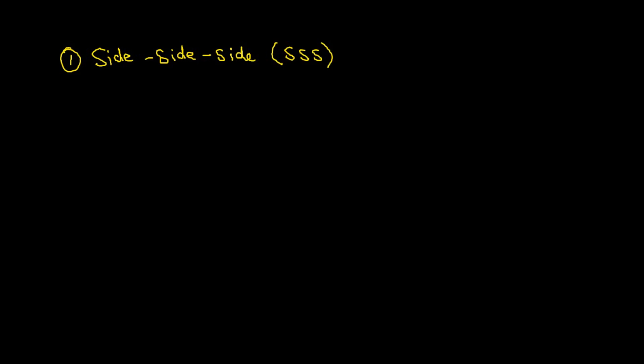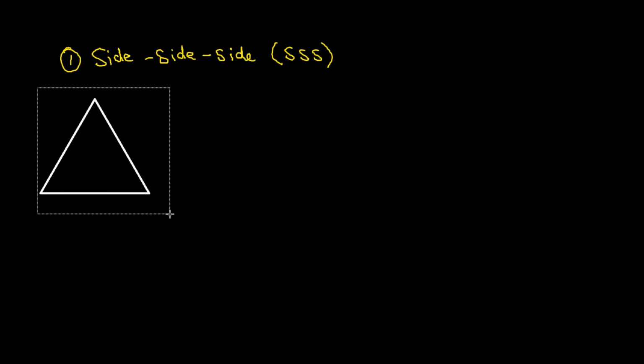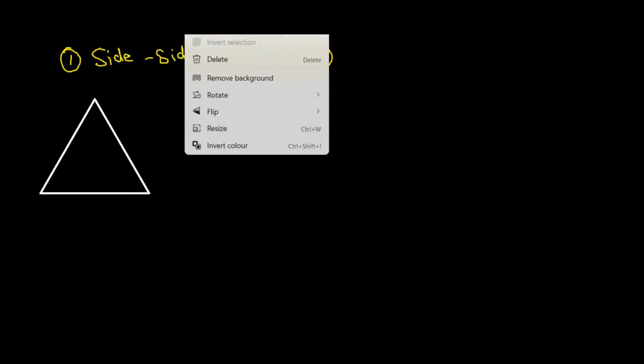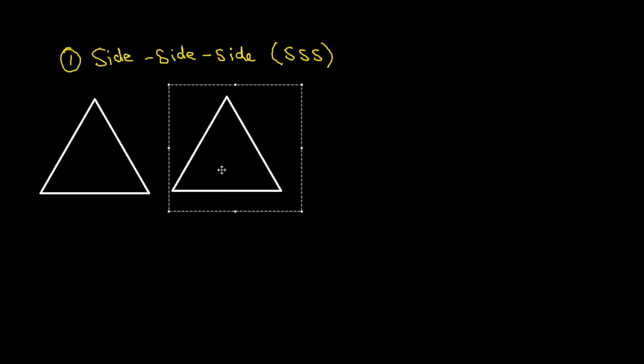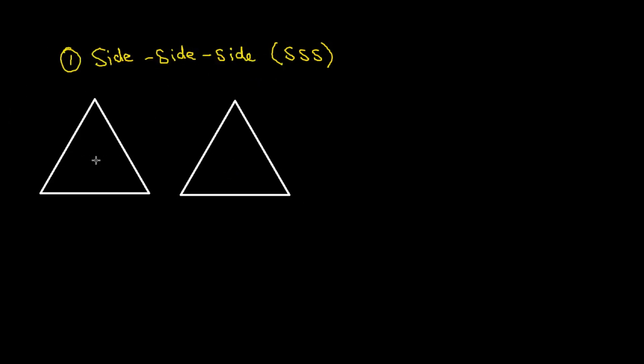So let's say we have a triangle, and we can name the triangle in a minute or so. And let's copy and paste this triangle. That's basically congruency. It's a copy and paste of the exact same triangle. So these two triangles are identical.